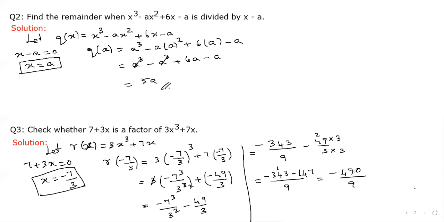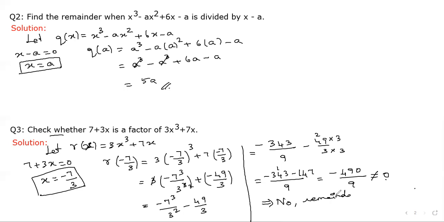This you can't simplify to 0, and also if you divide by 9, you won't be getting the value 0. Because see the question, check whether 7 plus 3x is a factor of the given polynomial 3x cube plus 7x. But here, do we get the value of 0? No, we are not getting the value of 0. So you have to write no, because the remainder is not 0 here.